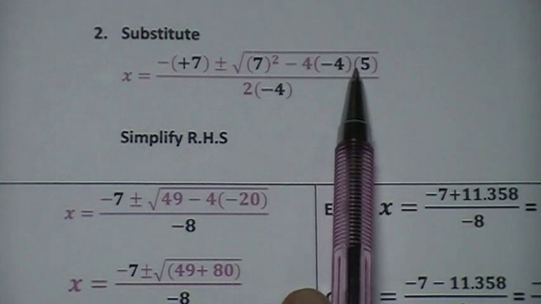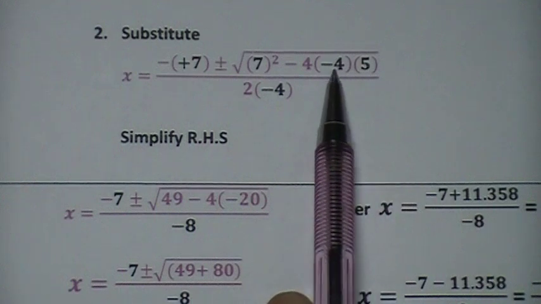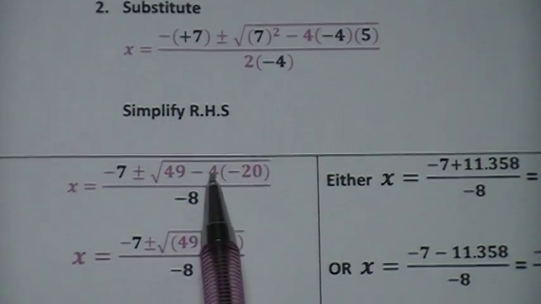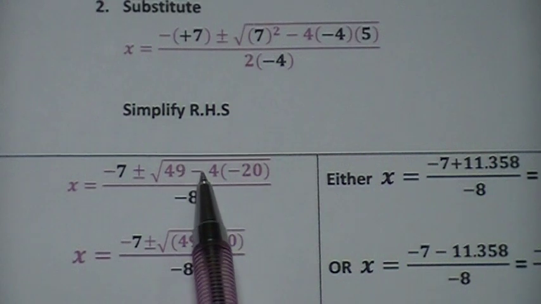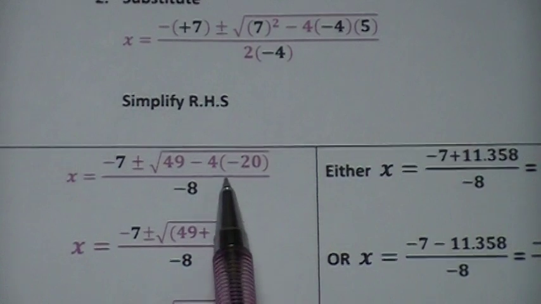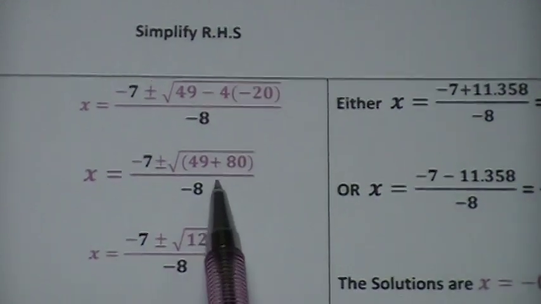Let's work out the last two first. Well, I've just done that in this example. You don't necessarily have to do that, but 5 4s are 20, and unlike signs, negative. We have 49, we have negative 4 multiplying by 20, and 2 times negative 4 will give us negative 8.